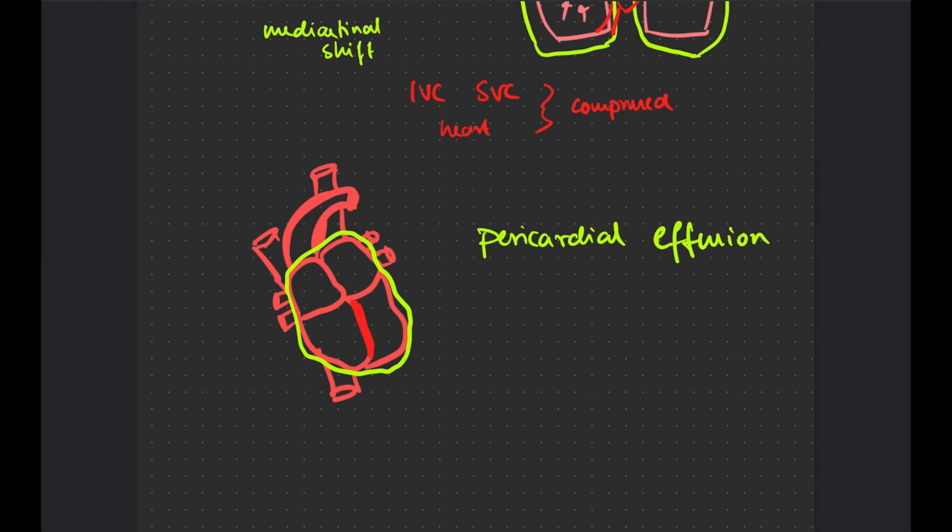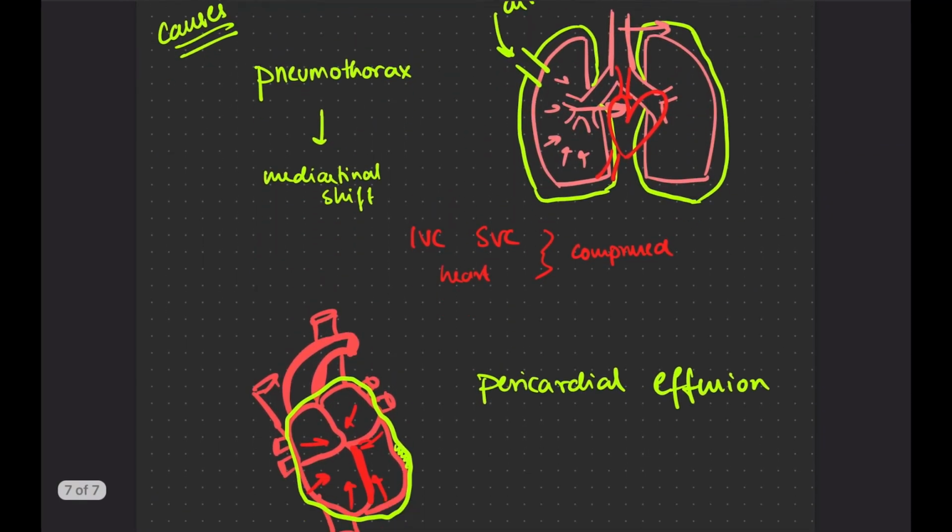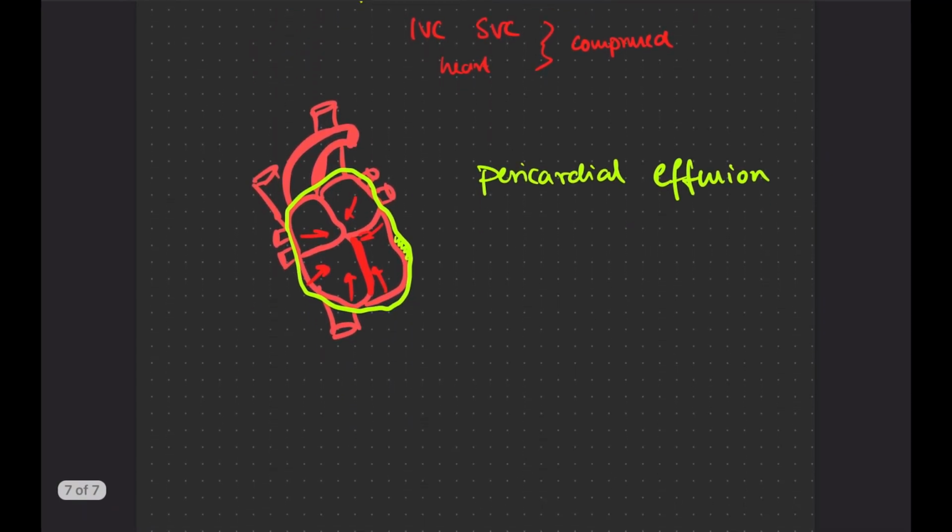There is accumulation of pericardial fluid within the pericardial space, and it causes the heart to get compressed. So this is one of the reasons why the heart won't be able to pump blood sufficiently, causing obstructive shock.